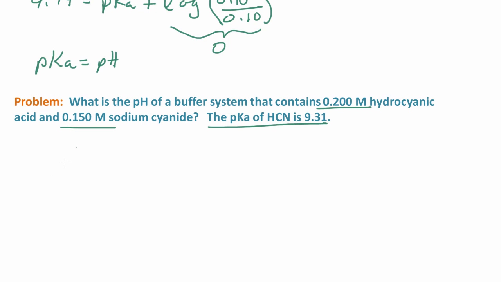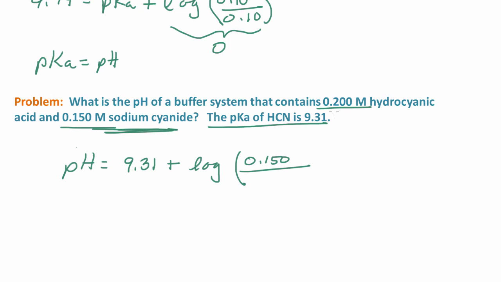We have our Henderson-Hasselbalch equation. pH is equal to pKa, which is 9.31, plus the log of the concentration of the conjugate base. That would come from the sodium cyanide. That's 0.15 molar. And this is divided by the concentration of the acid, which is 0.2 molar.